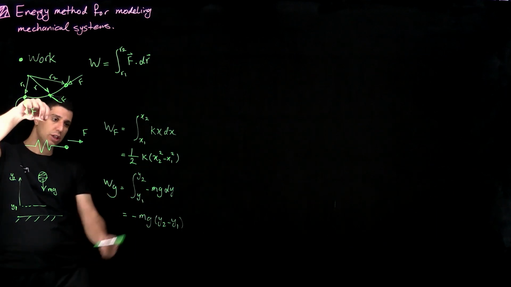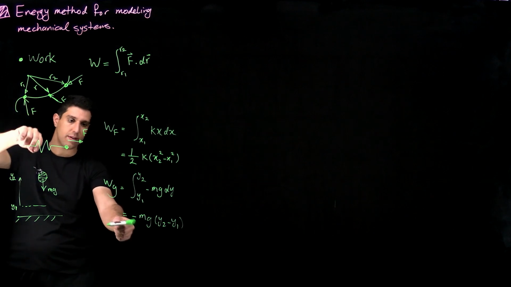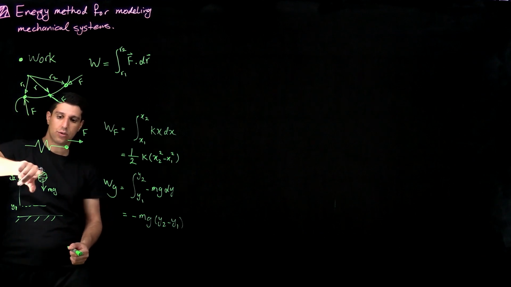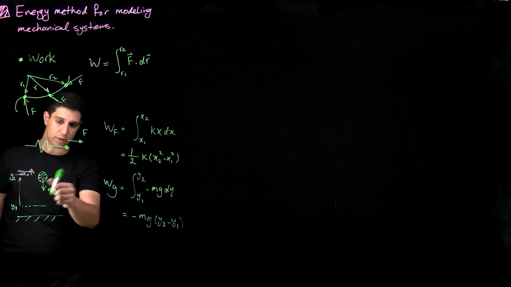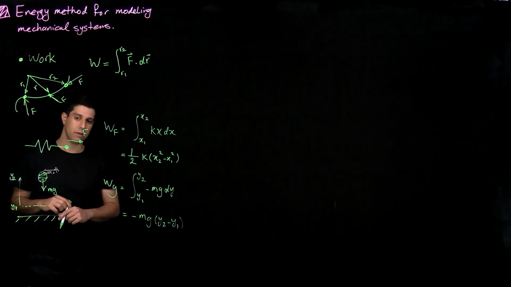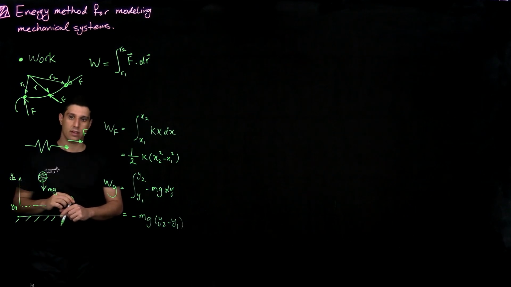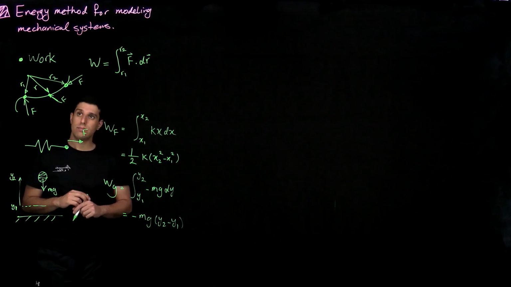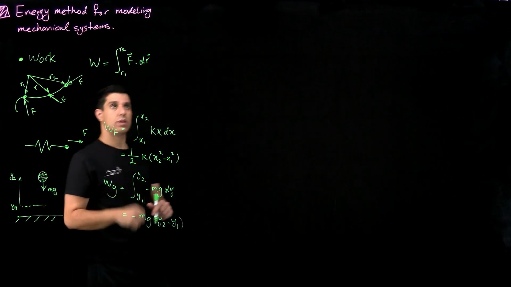It would be mg positive, this one would be positive, and the work of this force that is pulling it up will be stored as potential energy in the object. Cool. That's work.